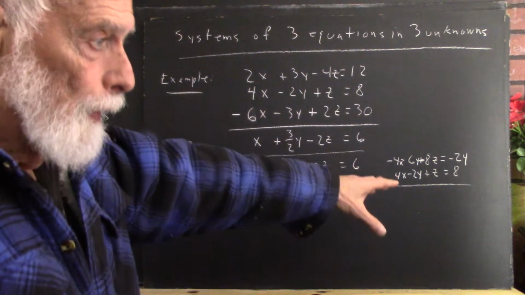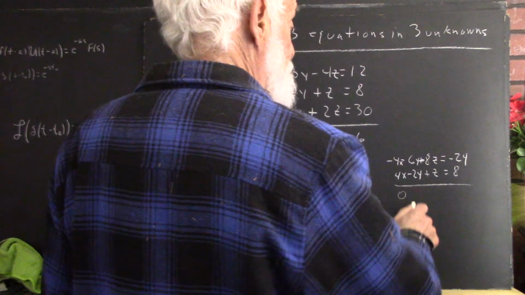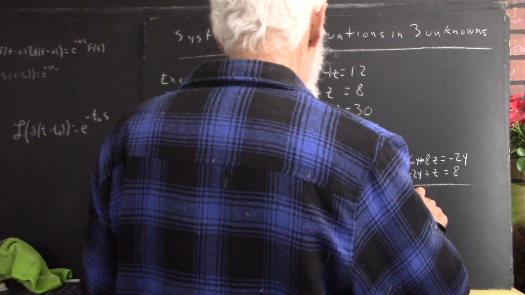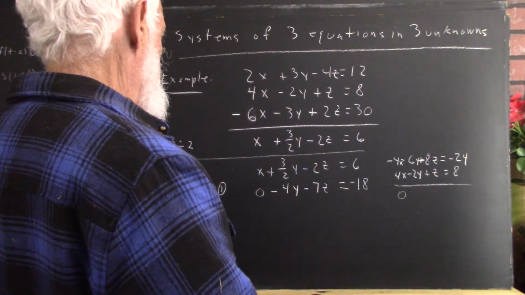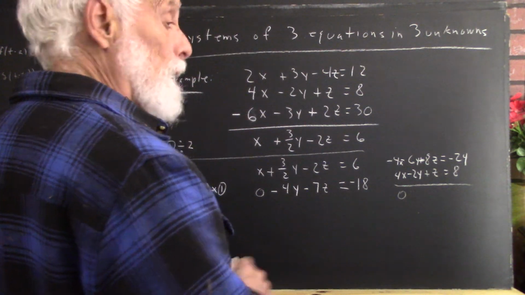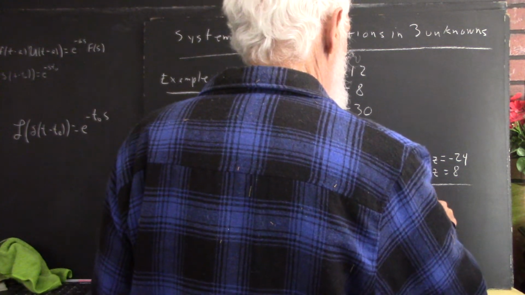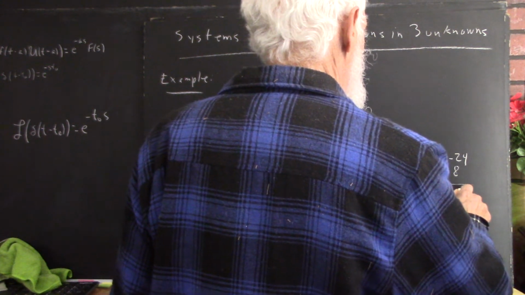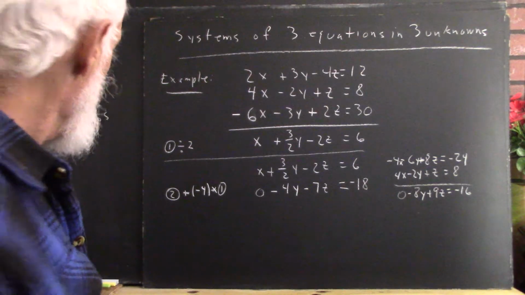I kind of do this off to the side. I get 0 again for my x. I get... and I made another mistake. I get negative 8y plus 9z equals negative 16.